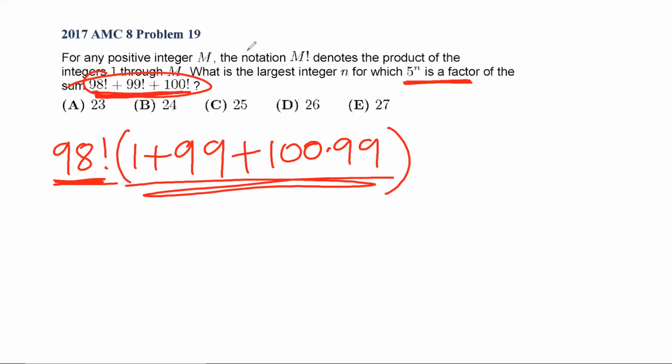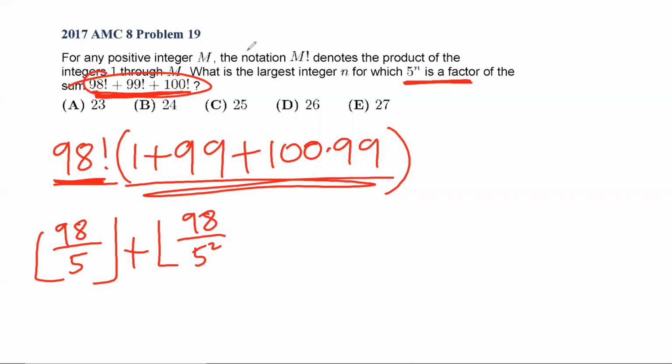I'm not sure if you guys know about this formula, but basically you would take 98 divided by 5, take the floor function of that, plus 98 divided by 5 squared, take the floor function of that, and it technically goes on to 98 divided by 5 cubed floor function, but all those terms simplify to 0. So that doesn't matter. Does anybody want me to explain how the formula works?